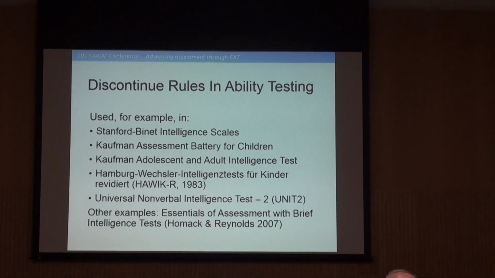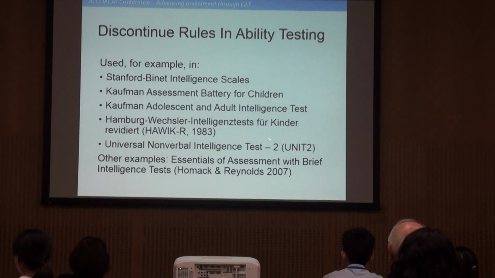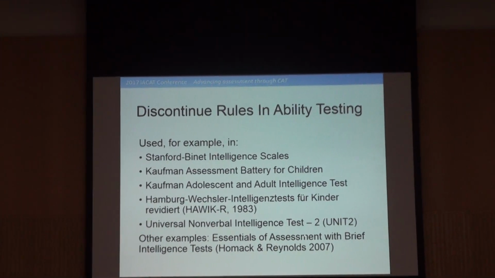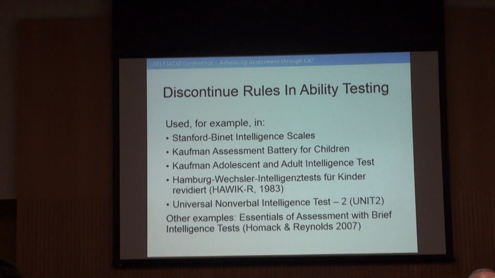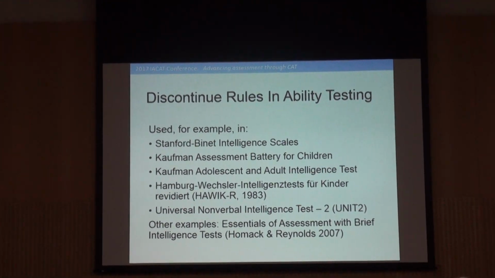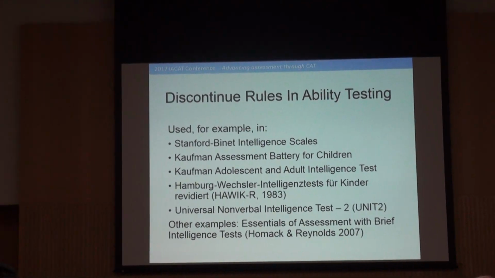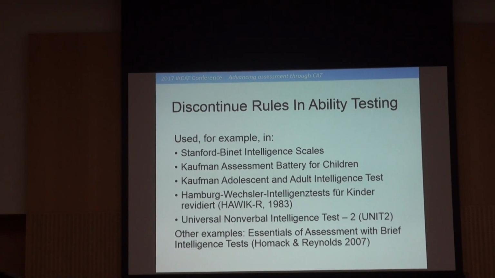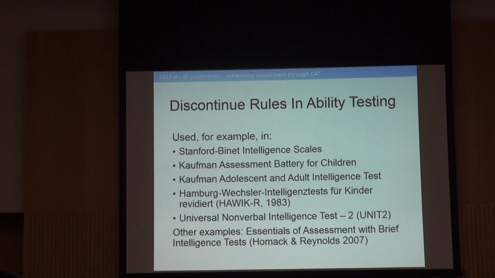The Nonverbal Intelligence Test revision still uses it. And here's a book that talks about brief intelligence tests. Some of them use only 2 wrong responses, and then they assign all wrong responses after that. So 2 wrong responses in a row and you're out, which is a really tough rule, obviously.